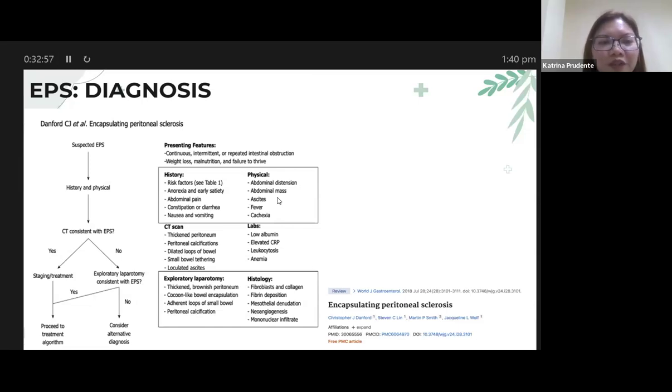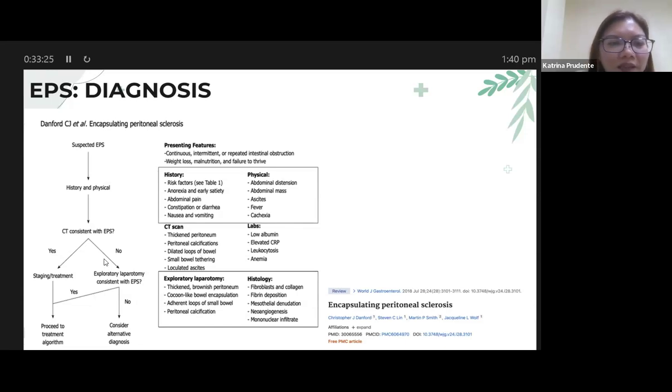It is important to take note of risk factors present, which were presented earlier, and they would present with anorexia, early satiety, abdominal pain, constipation or diarrhea, nausea, and vomiting. However, aside from abdominal pain, this was not seen in our patient. However, again, the history of prolonged PD is a key factor for us to consider EPS for this patient.